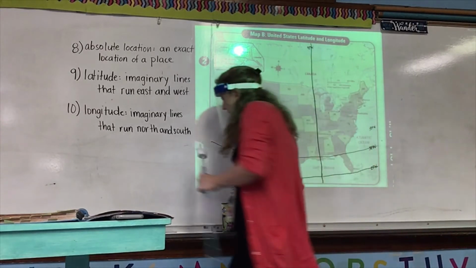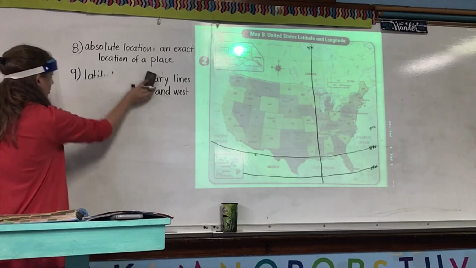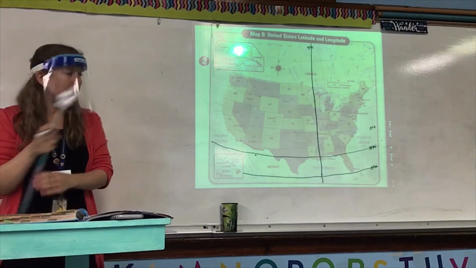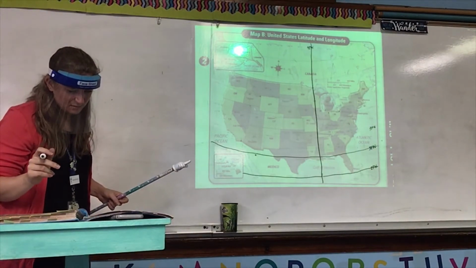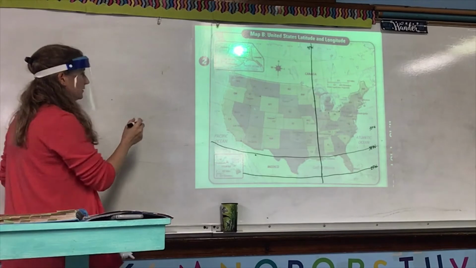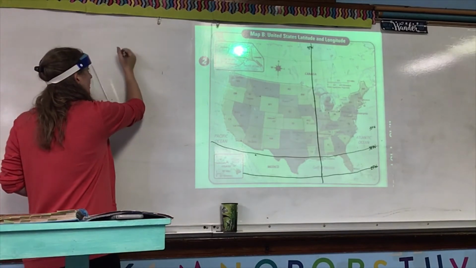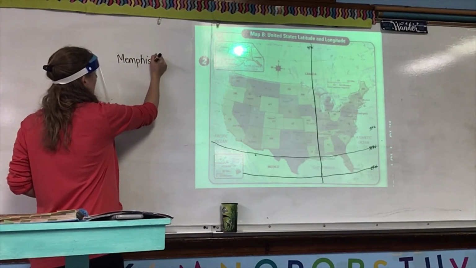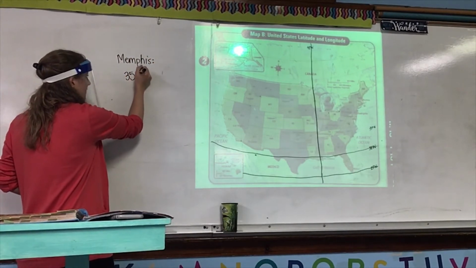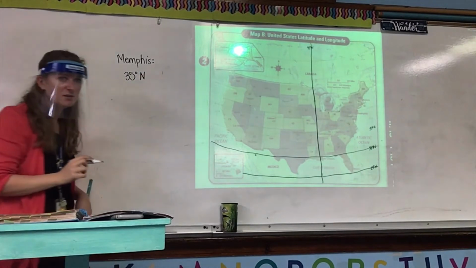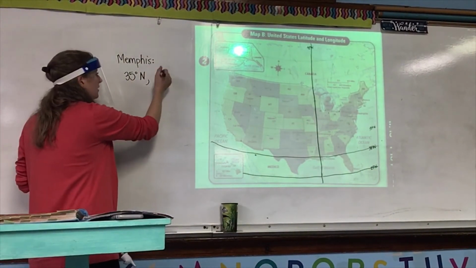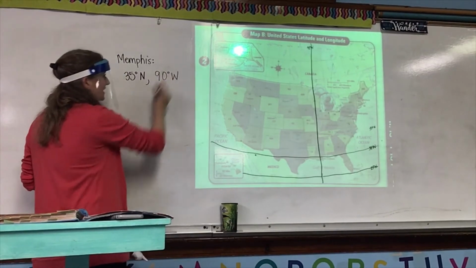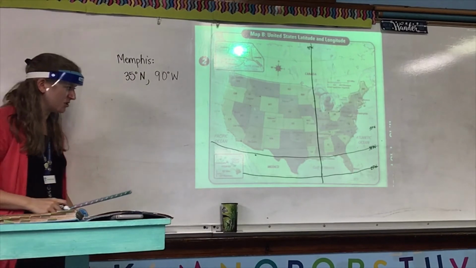That means that Memphis's absolute location is, can't remember which one comes first. Memphis's absolute location is 35 degrees north, which is the line of latitude, 90 degrees west, which is the line of longitude.